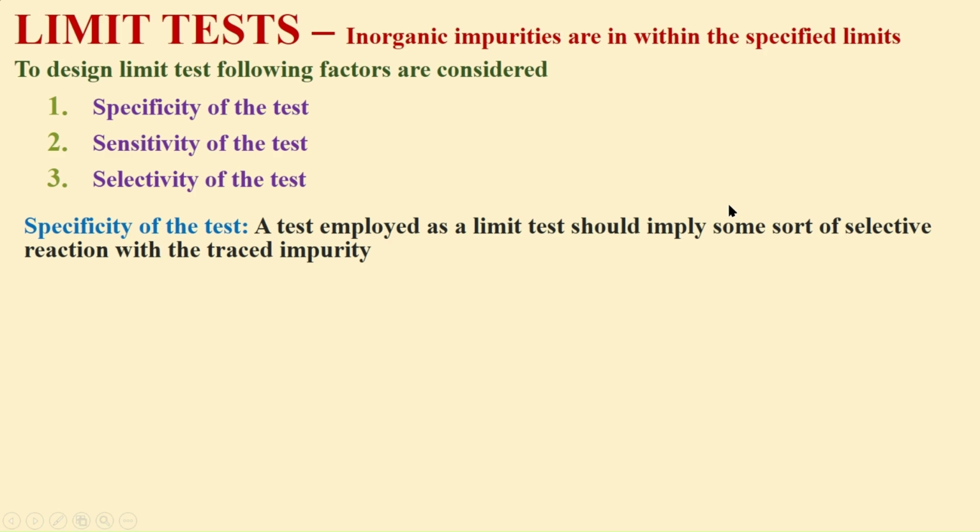It should not react with both sulfates and halogens. When it reacts specifically with a certain type of impurity, it gives the coloration or the precipitate, and that indicates only that reaction. Others, it won't react with.